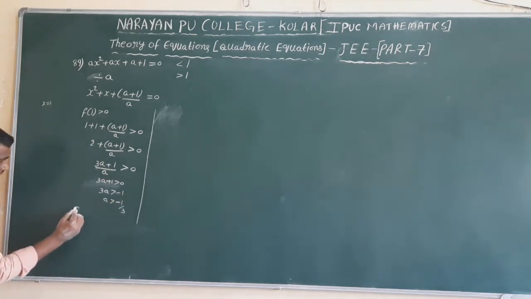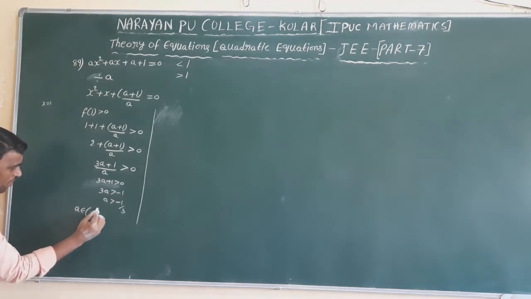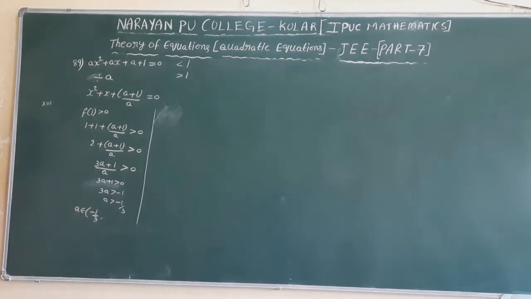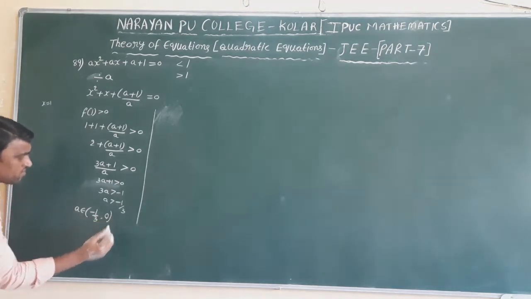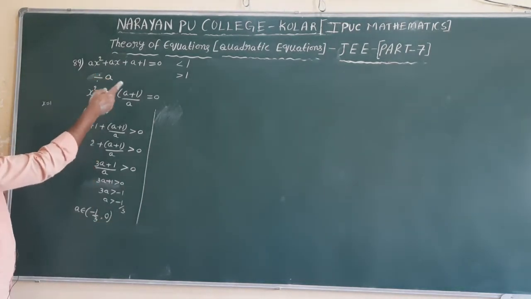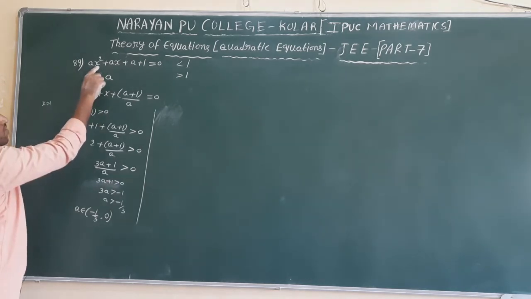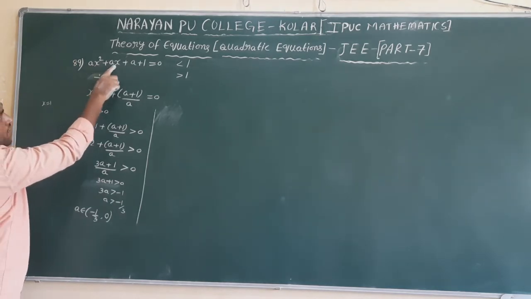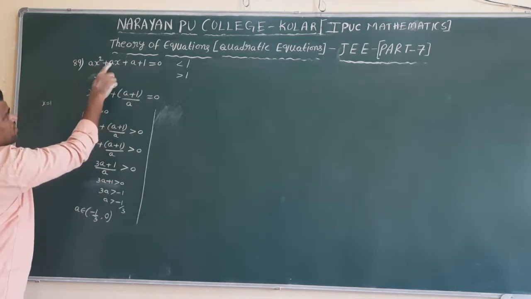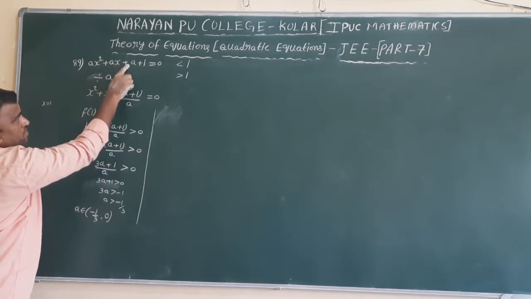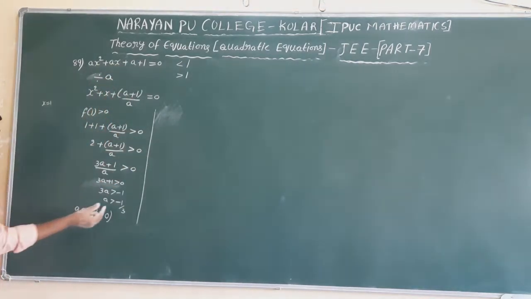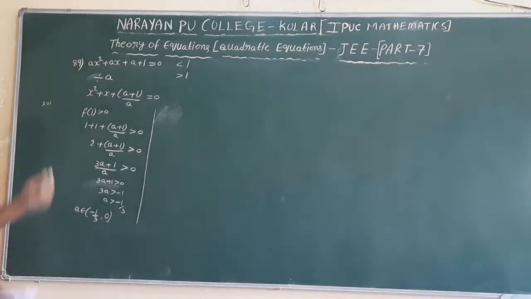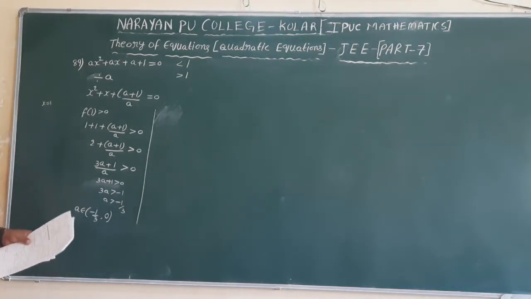Thus a belongs to minus 1 by 3, comma, which number we need to take? We'll see the options. So minus 1 by 3 and 0 will be there. 0 not included. In between that, suppose minus 0.9 if you take it, the signs work out negative and that will be satisfied. 1 by 2 gives positive values.